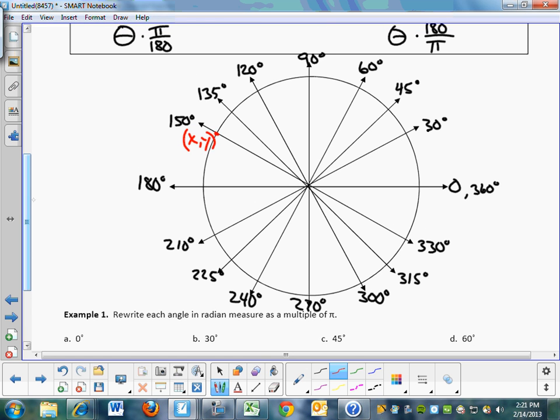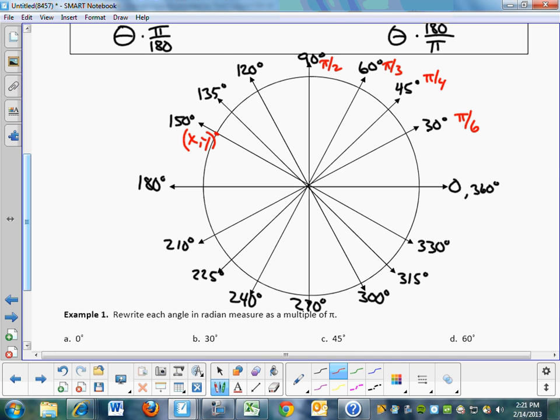So 30 degrees. What is it in radians? Pi over 6. Again, this is just review. 45, pi over 4. Pi over 3. Pi over 2. And if you can remember, those are really like the building blocks, aren't they? From there, you can construct all the others.